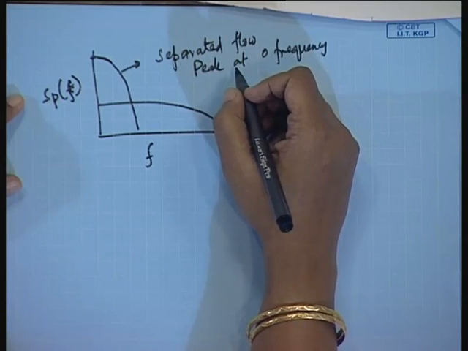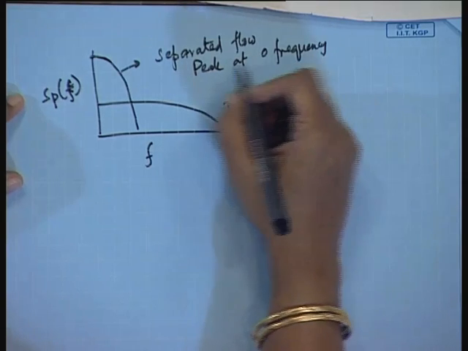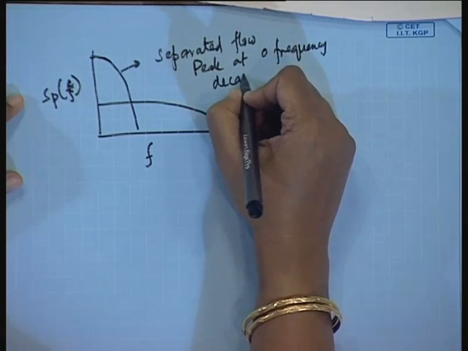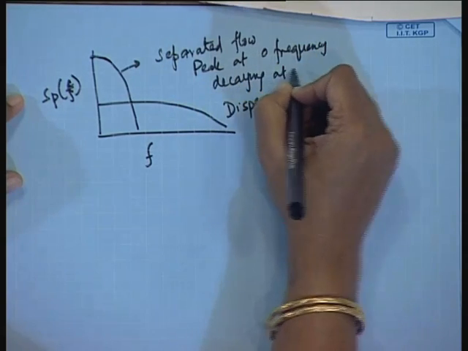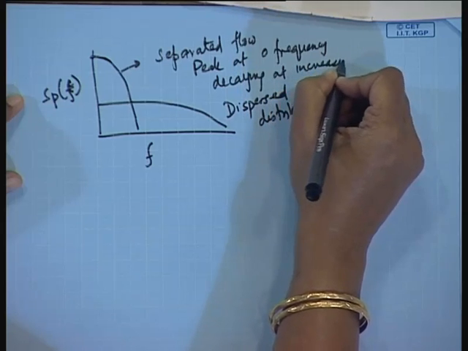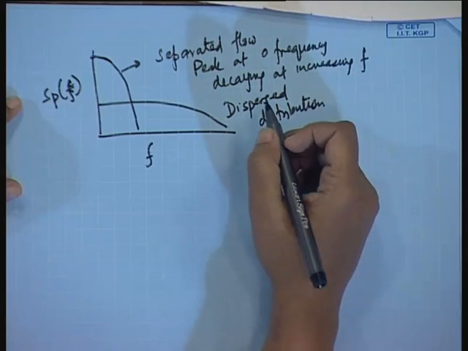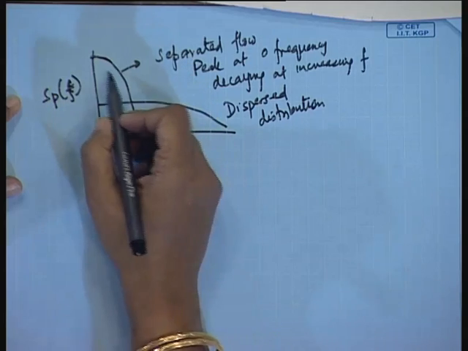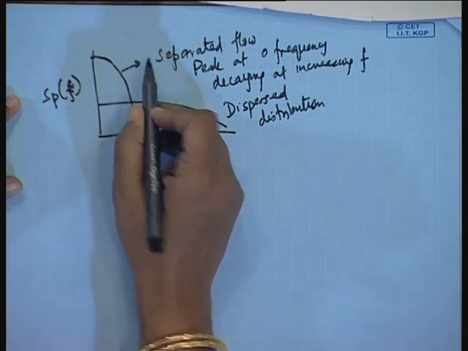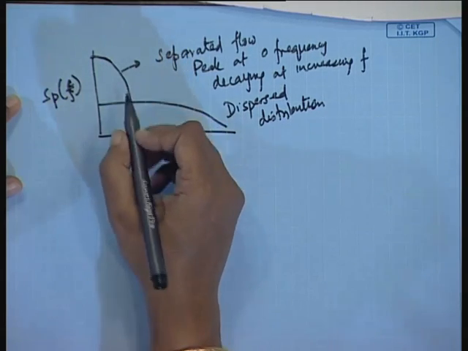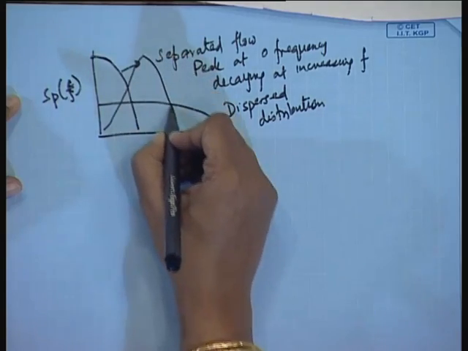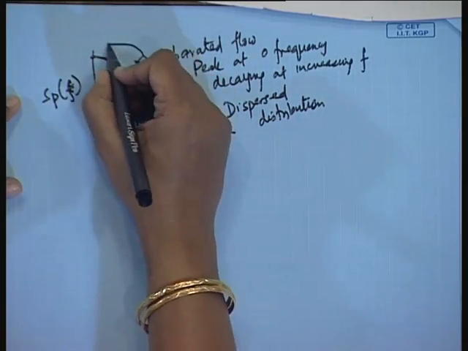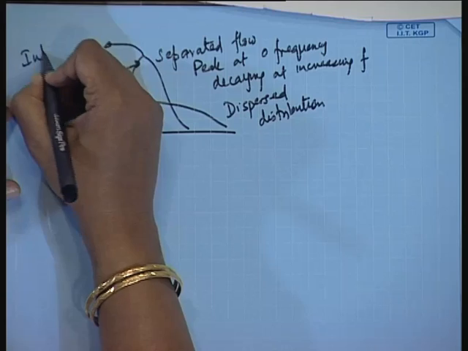And when we have slug flow, we find that this separated flow peak shifts to some higher value of frequency. We have something of this sort. This is for intermittent flow.